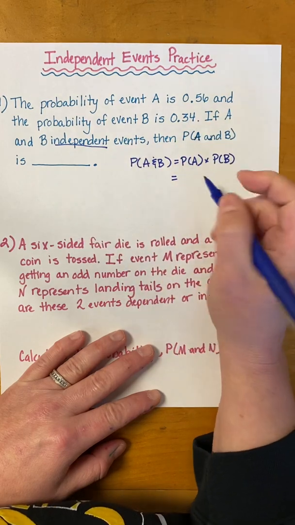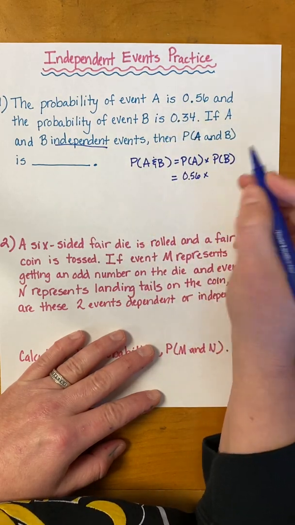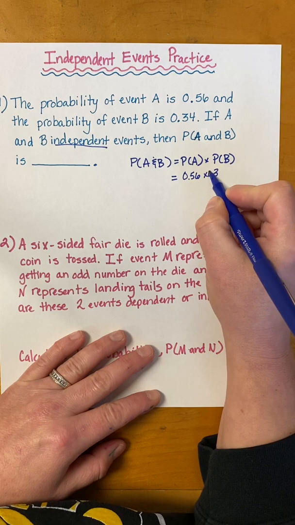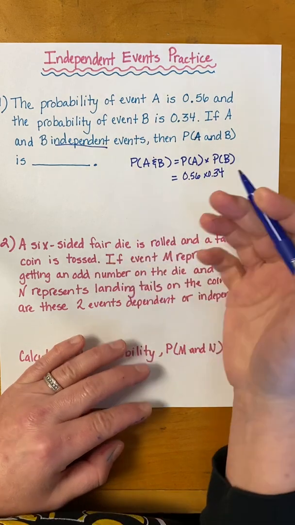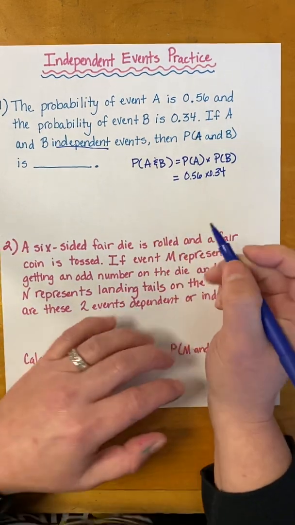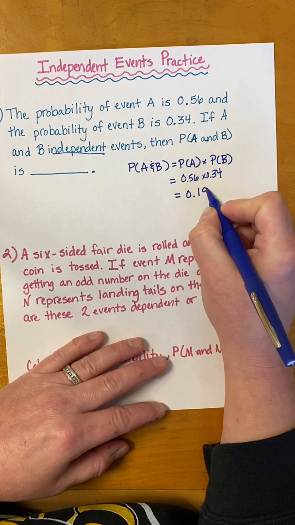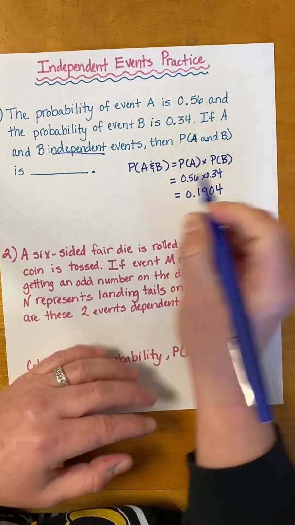So in this case, the probability of A is 56 hundredths, the probability of B is 0.34. You'll just plug those in your calculator, and that would be 0.1904.